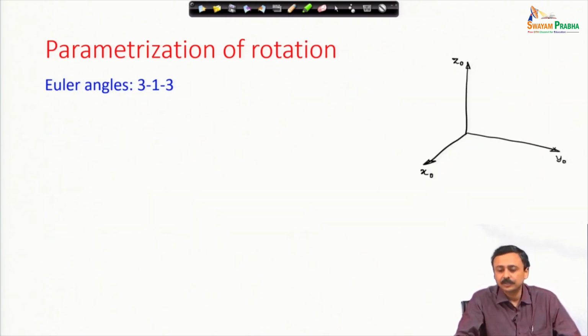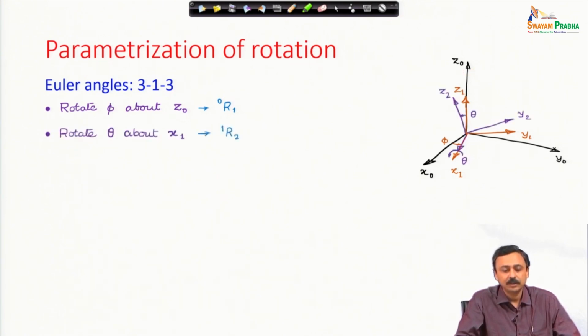Euler angles 313. First rotation is about z0 by an angle phi, and we get the rotation matrix R from 1 to 0. Then rotate by an angle theta about the new x axis, x1, and get the rotation matrix R from 2 to 1.